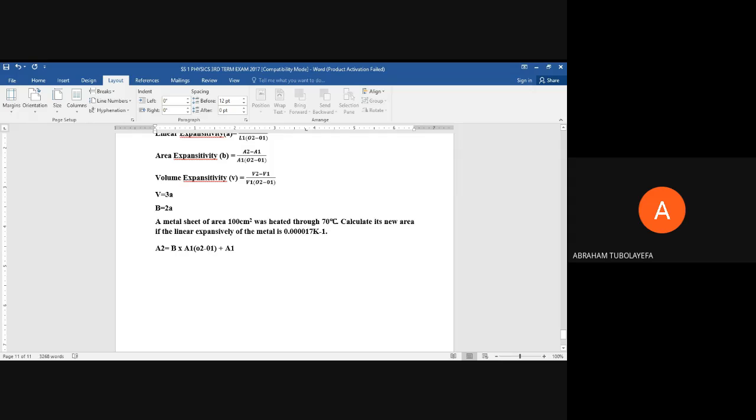And I said the area expansivity is 2 times the linear expansivity, so B is equal to 2 times A. To get the area expansivity, multiply the linear expansivity by 2. Theta 2 minus theta 1 is already given as 70. You don't need theta 1 and theta 2 separately. That means the increase is 70. You don't need to change it to Kelvin.